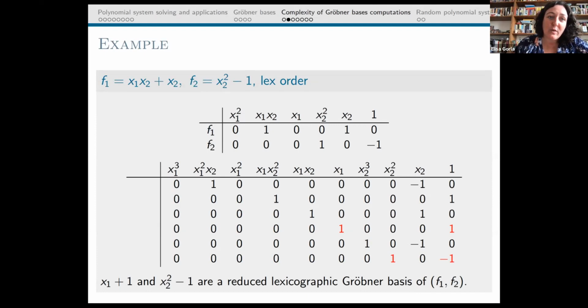Another thing that you could do is a termination criterion, so a check that you do at each degree, and it tells you whether you are done or not. Okay, and now we have the Groebner basis, and the point here is up to which degree do I have to compute? This is the thing we want to know.